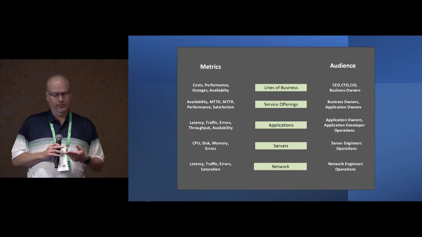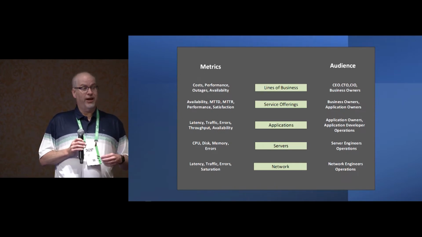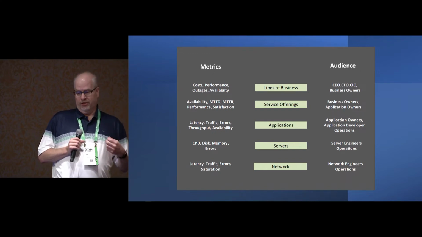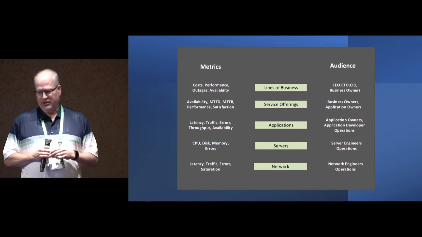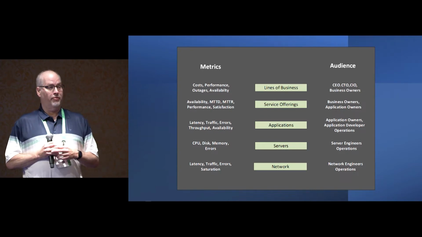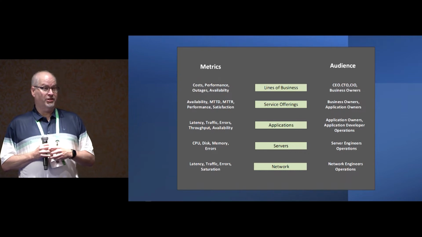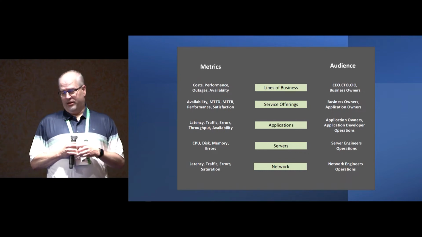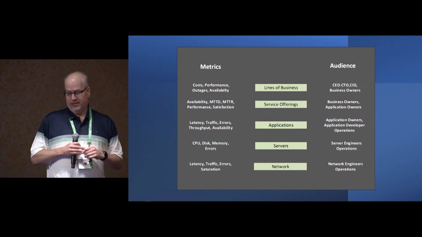It's availability, mean time to detect, mean time to repair, performance, satisfaction, capturing those metrics within the service offerings. And then, of course, for the C-level executives, it's what does it cost? Are we performing within our SLAs and SLOs? How many outages and how much do those outages cost us? And are we available? Are we working? Are the lights on? From that standpoint.